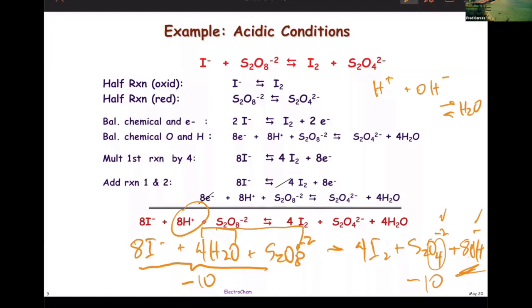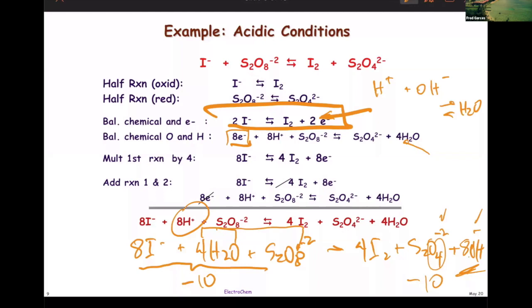So there's the question. Why do you multiply the reaction 1 by 4? Because if you take a look at this reaction right here, there's only 2 hydrogens. If you take a look at this reaction over here, there's only 2 electrons. If you look at this reaction right here, there's 8. The electrons have to cancel. You cannot bring the electrons down to the net equation.